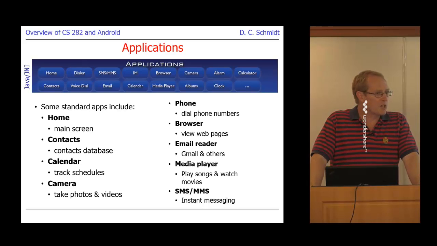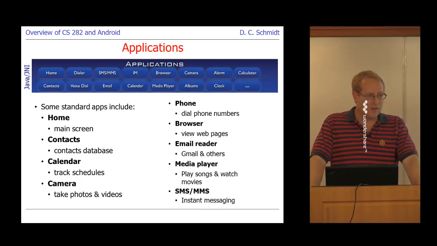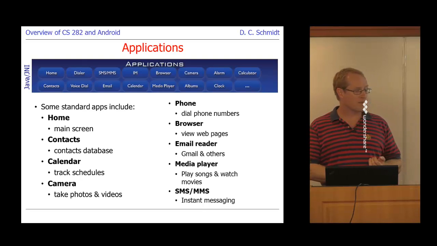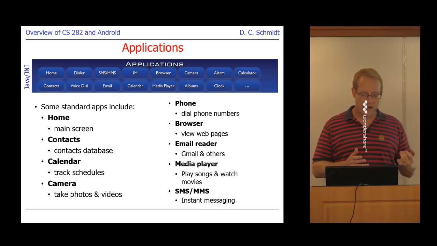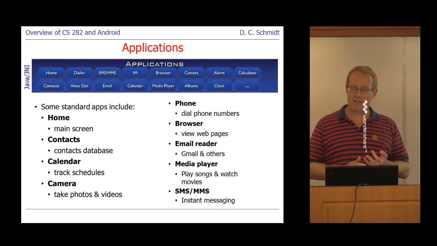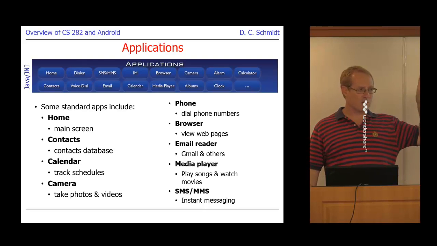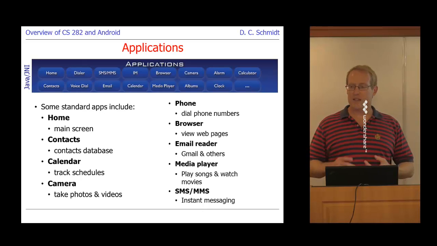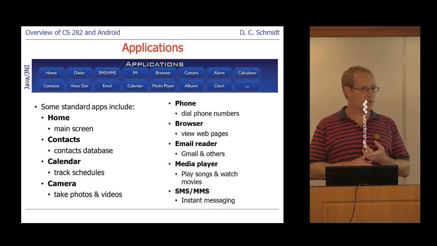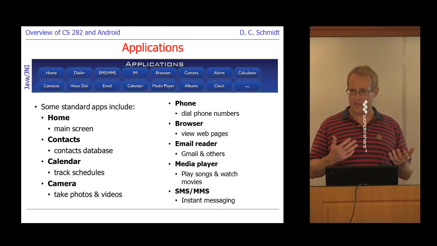And then out of the box, you get a bunch of applications. And these are all available in open source form from the Android website I'll show you in a second. So you get things like Contacts, which is obviously very useful, Calendar to keep track of events, and you have different ways you can either use the Gmail versions of these things or the Microsoft Exchange variant of this stuff. There's camera applications, take pictures, take videos, so on.